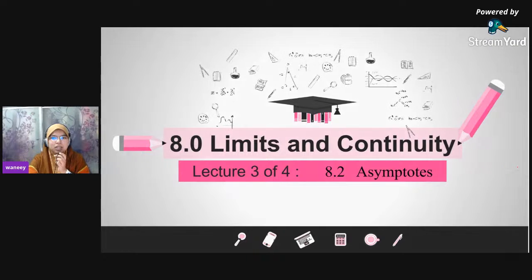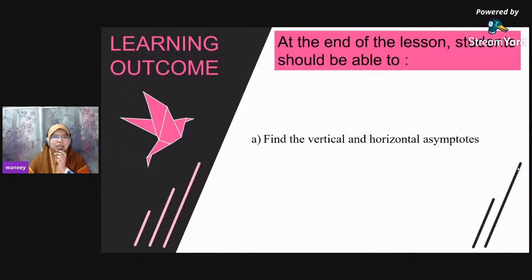So that is our learning outcome for today. At the end of the lesson, you should be able to find the vertical and horizontal asymptote. Normally I'll note them as VA and HA, vertical and horizontal asymptote.